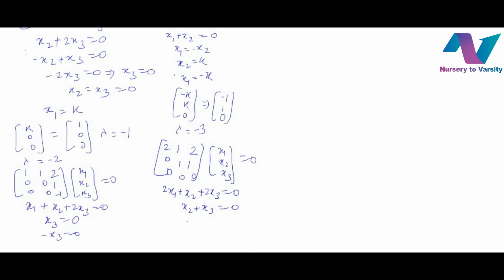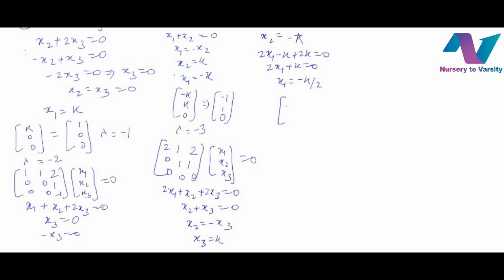From here, if we take x2 is equal to minus x3 and x3 is equal to k, then x2 is equal to minus k, and substituting these two values in the first equation, we get 2x1 minus k plus 2k is equal to 0, 2x1 plus k is equal to 0, and x1 is equal to minus k by 2.